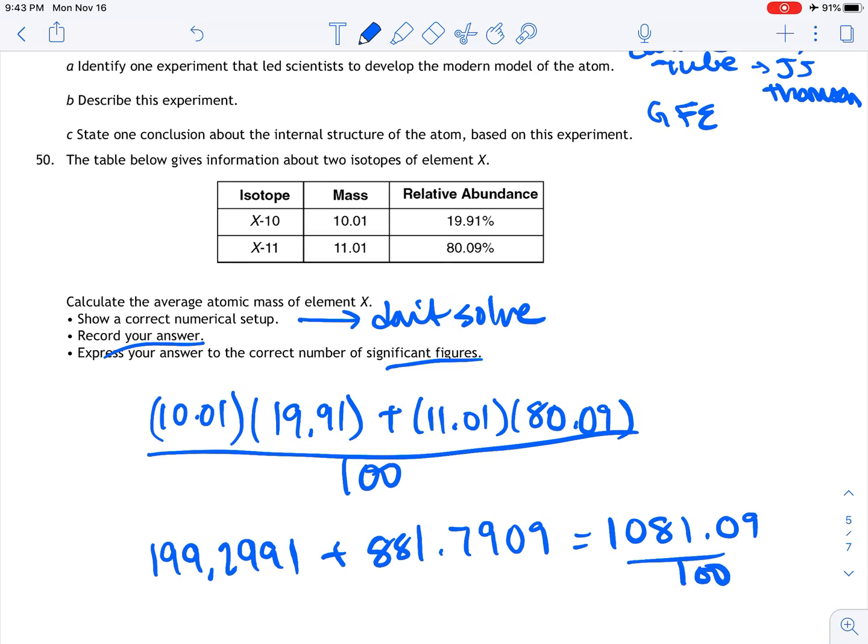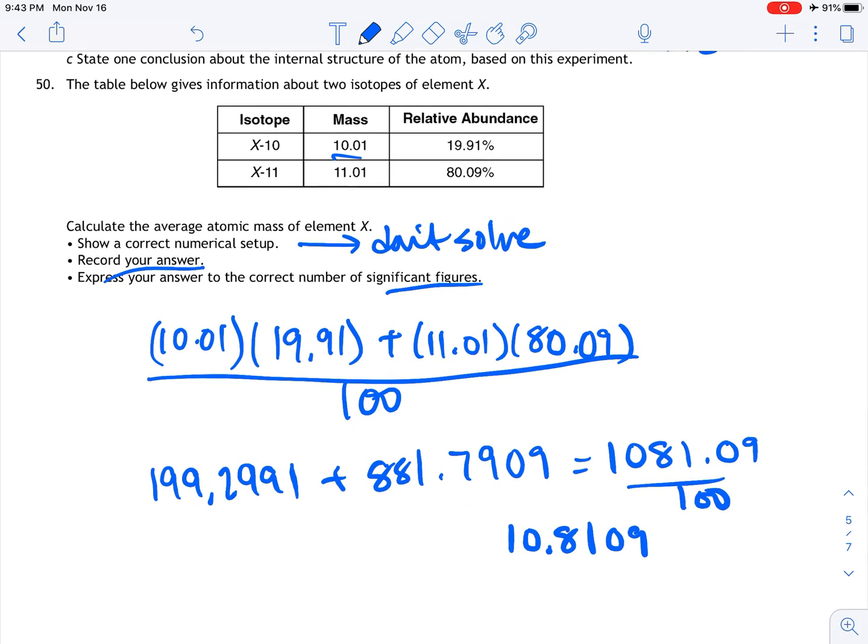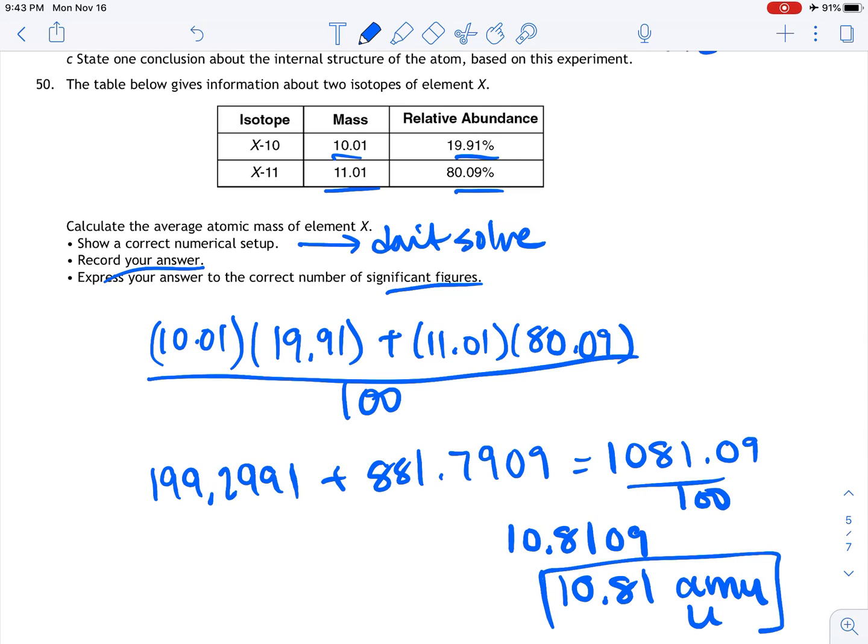Then you gotta divide by 100. You get 10.8109. However, looks like we've got 4, 4, 4, 4 sig figs. So don't worry about the divided by 100. So 4 sig figs would be 10.81. And again, units would be AMU. I would also accept EU.